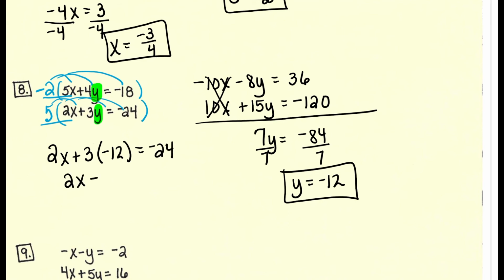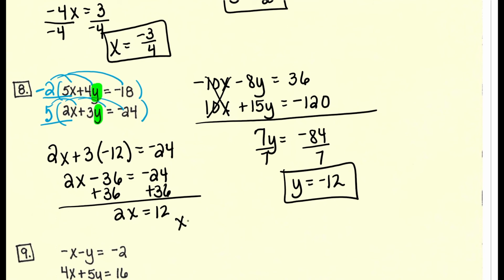So 2x minus 36 is equal to negative 24. Add your 36. You have 2x equals 12, and so dividing by 2, x equals 6. So my ordered pair is 6, negative 12. Again, remembering that x always comes before y in an ordered pair.